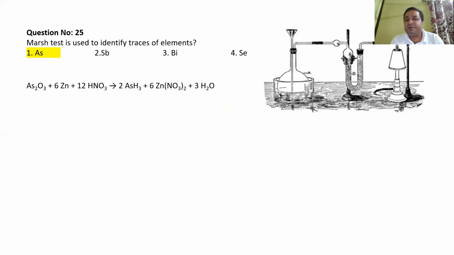Then we will have SbH3 from the same reaction and BiH3 from the same reaction. The test, if you see the whole picture, now this is passing through a tube which is going through a drying agent, okay, and at the end we are igniting this gas.